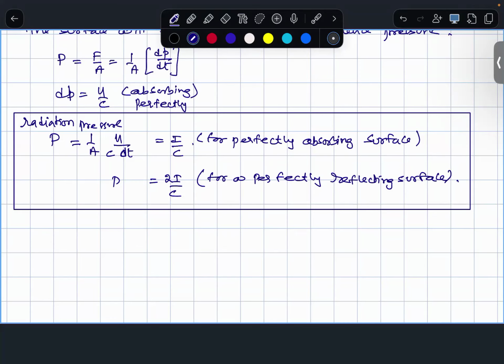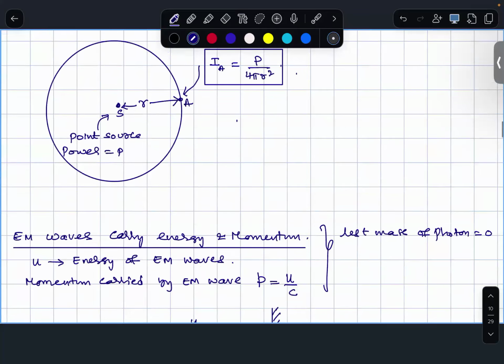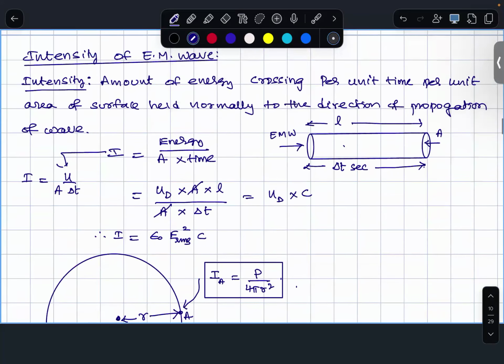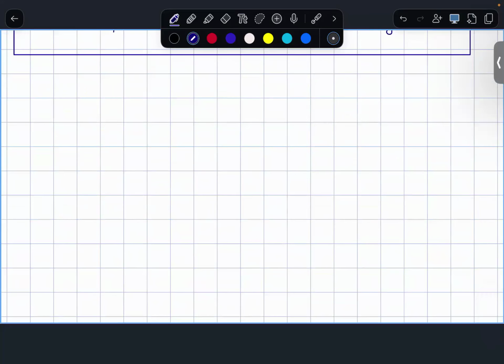Okay? One last application aspect. Application aspect, one more thing that you need to learn, that is Poynting vector.